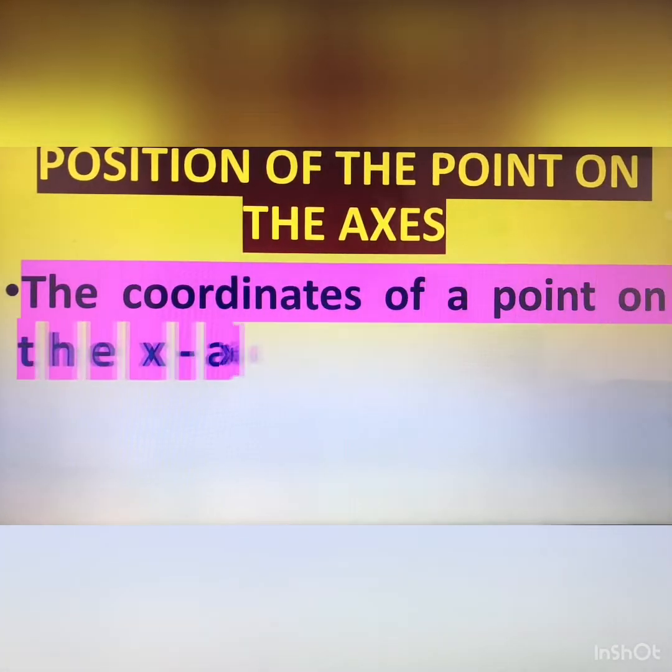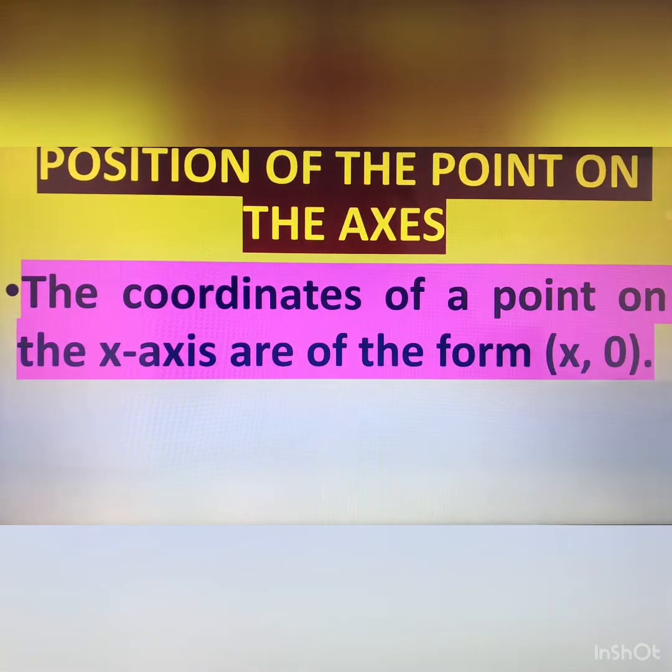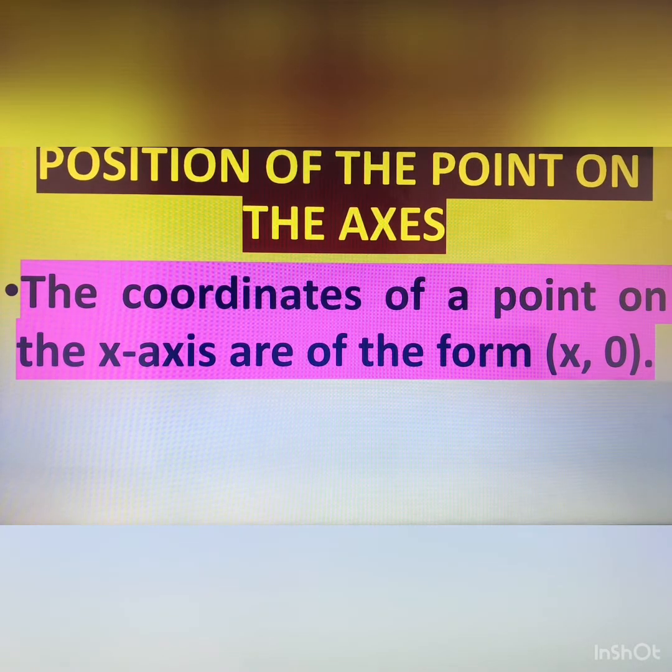Now position of the point on the axis. The coordinates of a point on the x-axis are of the form (x, 0). Means if a point lies just on the x-axis, then you can represent the coordinates of that point as (x, 0).